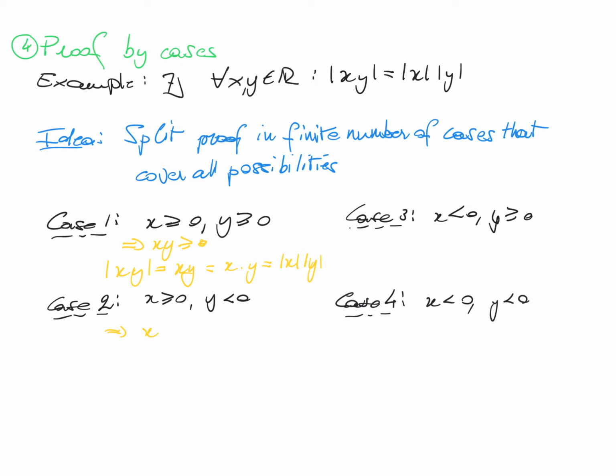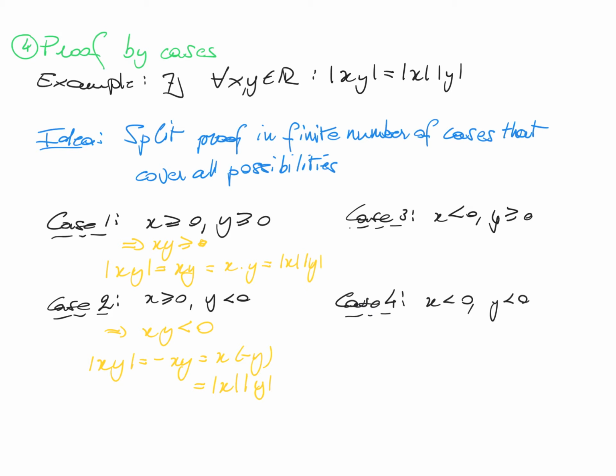Case 2, x times y is negative, so then the absolute value of x times y is minus x times y. This is x times minus y. X is positive, so x is equal to its absolute value, and minus y is also equal to the absolute value of y because y is negative.